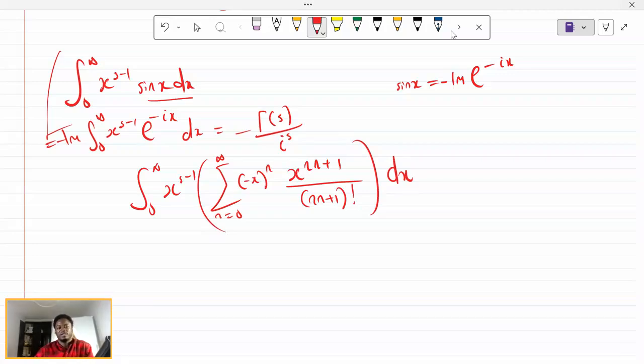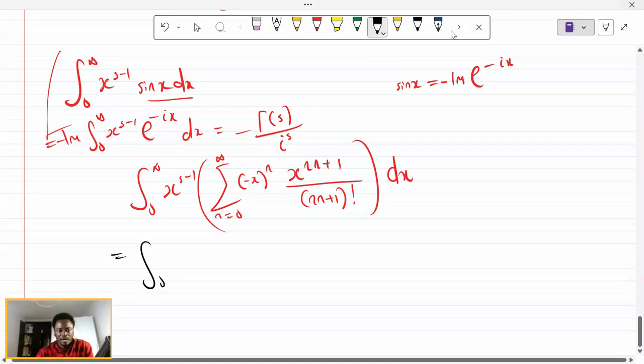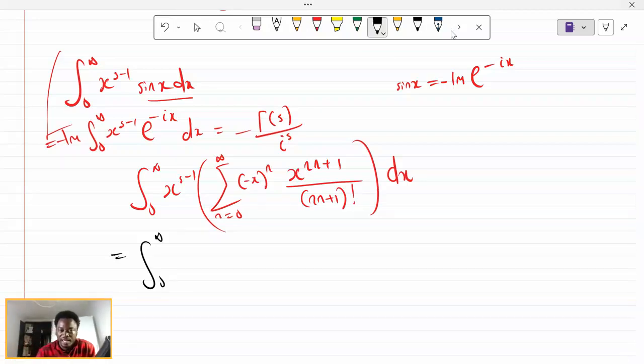Now for our problem right here, we really need to get one of the x's out. So if you take an x out, you have x to the s, then you would have the sum as n runs from 0 to infinity of, okay, what am I doing? No, this is not the form to write it with.